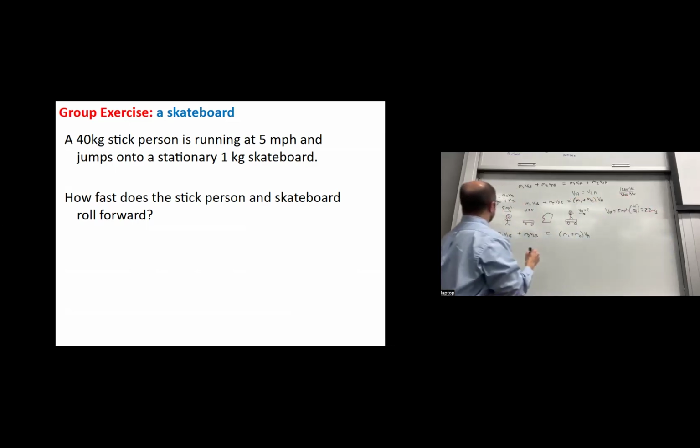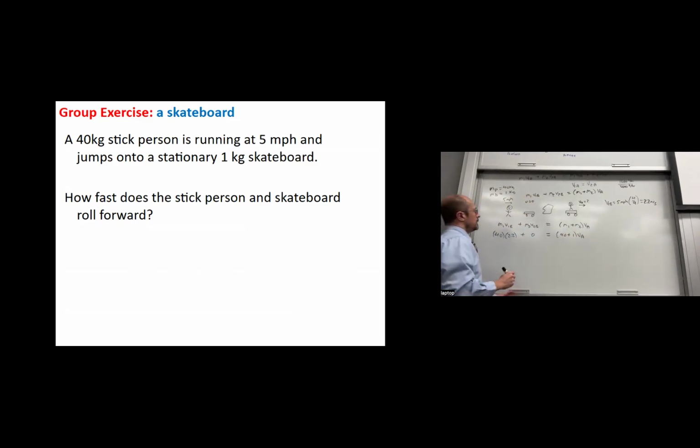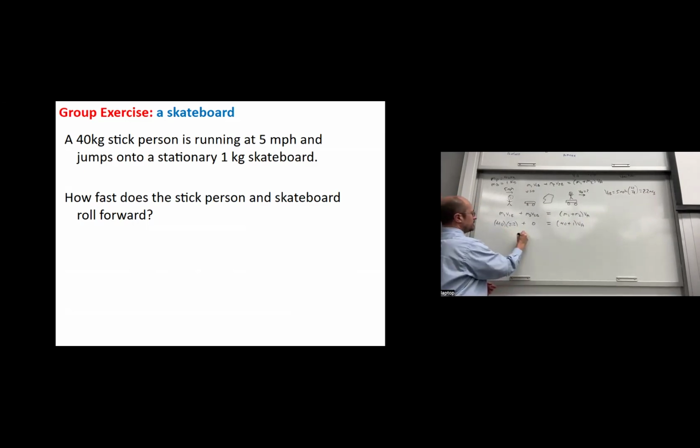Now we can come back here and we have 40 times 2.2 plus 0 equals 40 plus 1 times V after. So this side is 88 and that equals 41 V after.